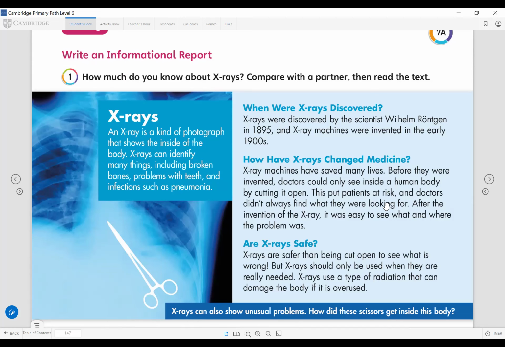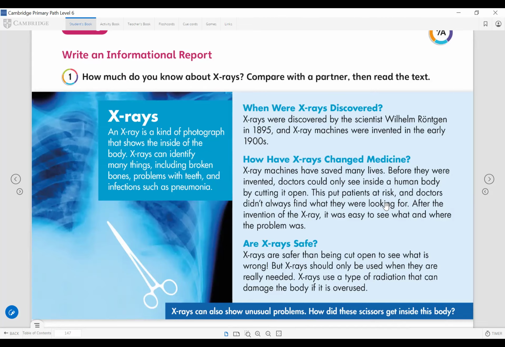So let's read it together and then find what we can see. X-rays, this is the title of my report. An X-ray is a kind of photograph that shows the inside of the body. X-rays can identify many things, including broken bones, problems with teeth, and infections such as pneumonia.